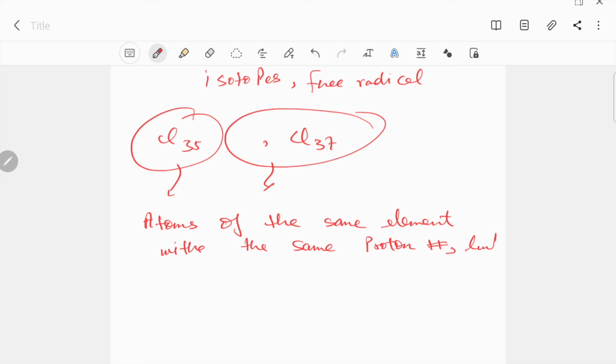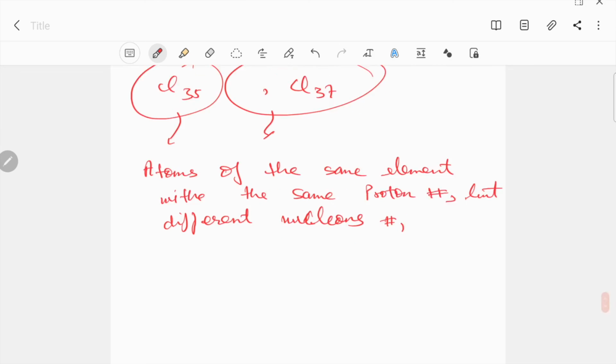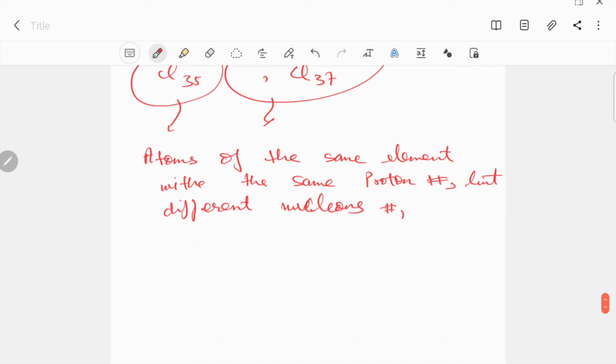However, they have a different nucleon number. Why? इसकी रीजन ये है न्यूक्लियन नंबर्स के ज्यादा होने की कि अगर प्रोटॉन सेम है तो ऑब्वियसली अगर न्यूक्लियन नंबर डिफरेंट है, न्यूक्लियन नंबर इज मेड अप ऑफ प्रोटॉन्स एंड न्यूट्रॉन्स, तो इसकी क्लियर रीजन ये है कि it has different number of neutrons.